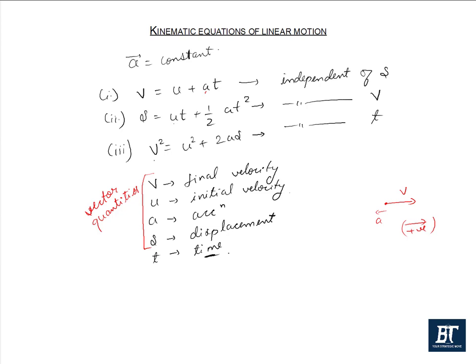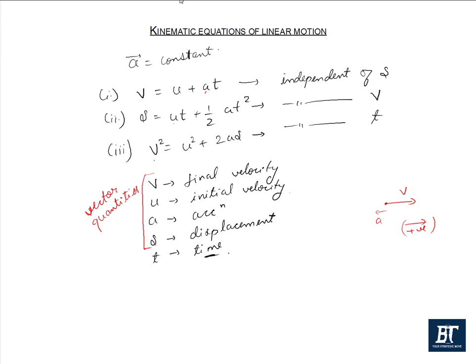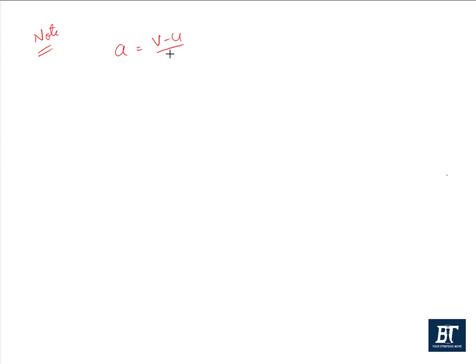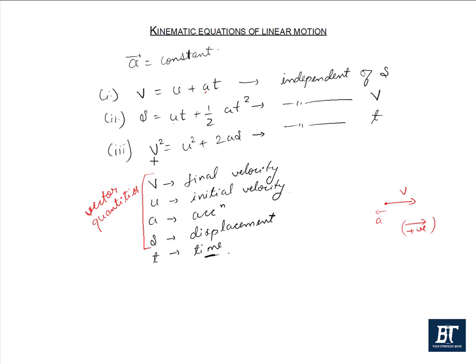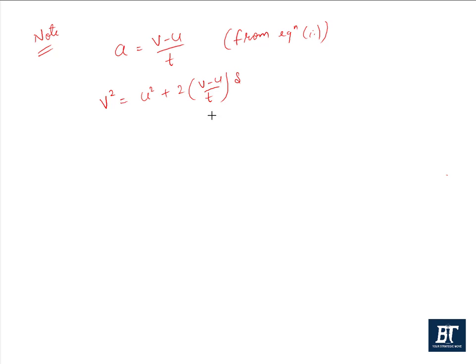So from equation number 1 we can say that acceleration is v minus u by t, and we can substitute this expression of acceleration in equation number 3. So equation number 3 is v square is equal to u square plus 2s, and a is equal to v minus u by t. So we can modify this equation.